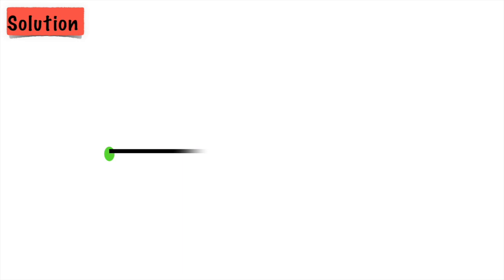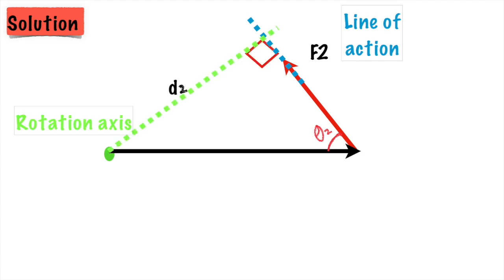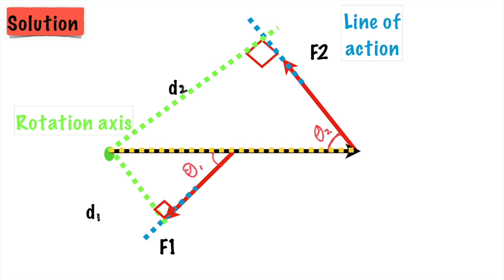Firstly, draw the line of action of the force, then draw the perpendicular distance D. Same goes to the other force. R2 is from the rotation axis to force 2. R1 is from the rotation axis to force 1.